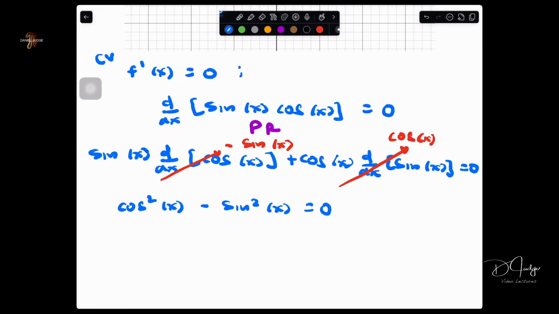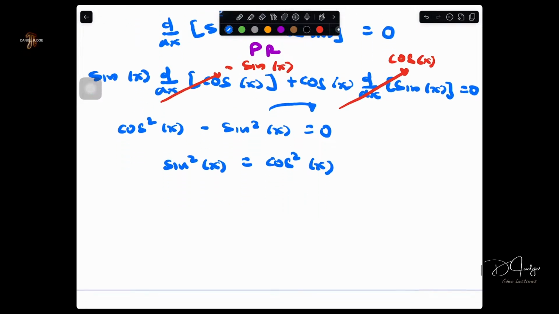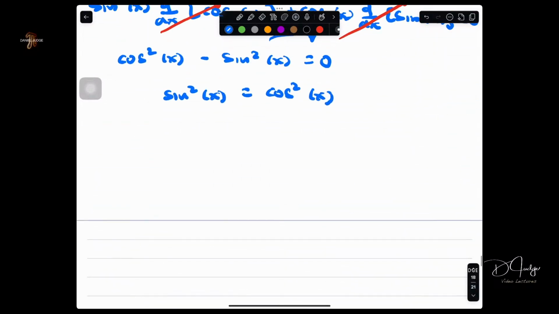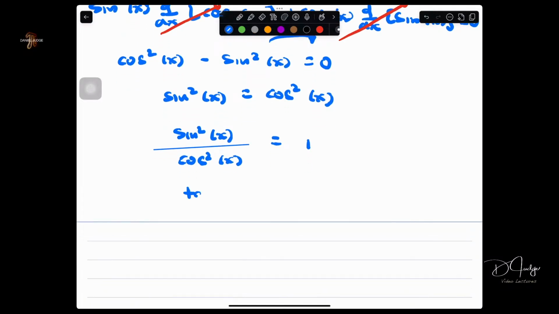So we're going to have to solve this equation for x. Now, there's going to be a couple of ways we can do this here. We can translate the sine squared term, move that term over here as cosine squared, and then divide both sides by cosine squared. So sine squared over cosine squared is 1, and that's really the definition of tangent squared.